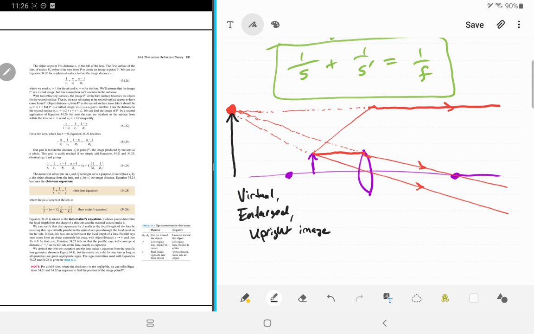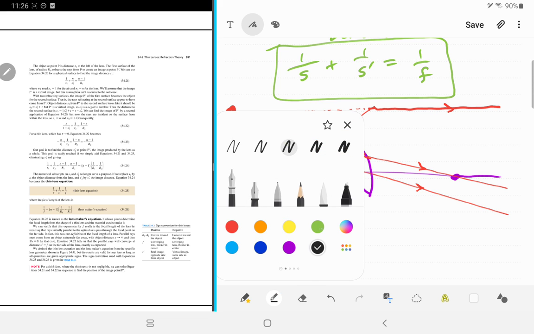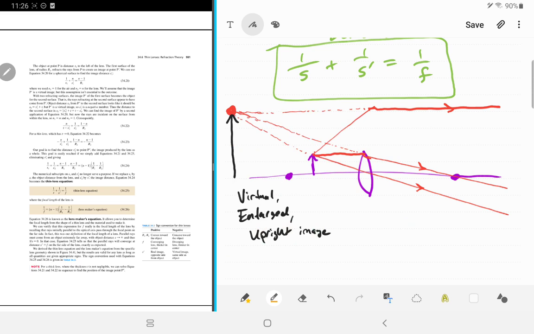Okay, so I want to talk about the lens equation. That was the original idea here. The convention for drawing these diagrams is that the object distance, which is s, is always positive. So in this formula, s is the object distance, and it's always positive: s is greater than 0.